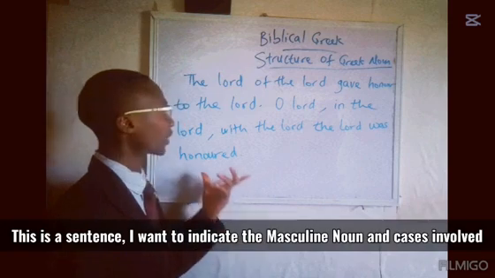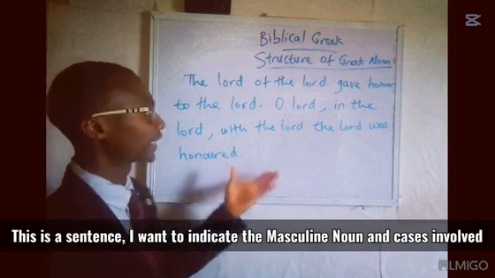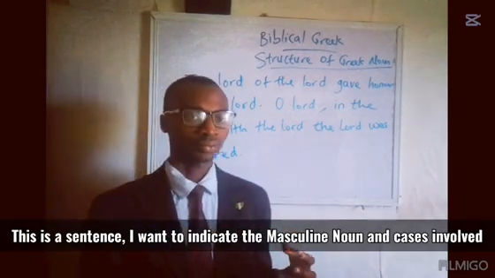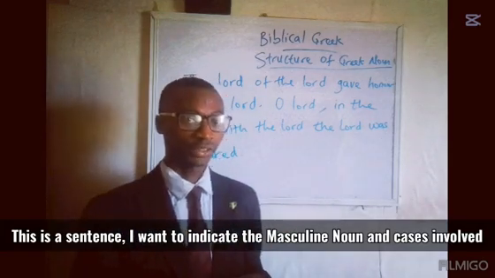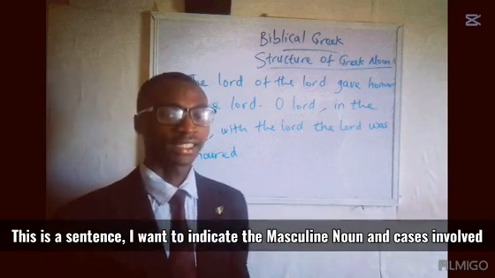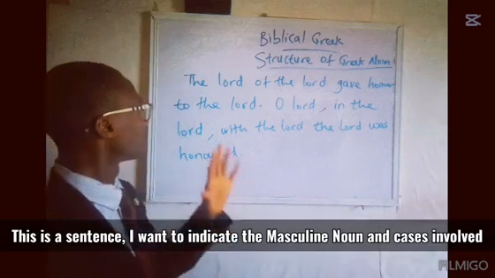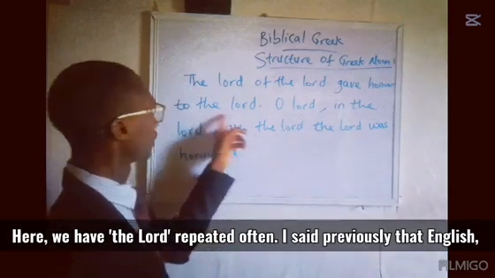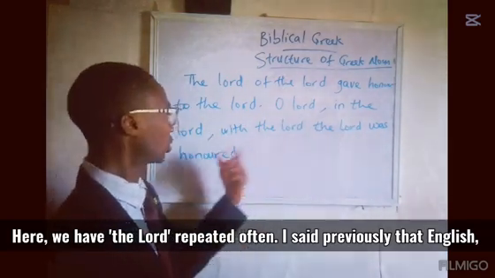Now, this is a sentence. I want to indicate the masculine noun and the cases that are involved: nominative, genitive, dative, locative, and instrumental. So now you see that we have the Lord, of the Lord, O Lord, and so on.